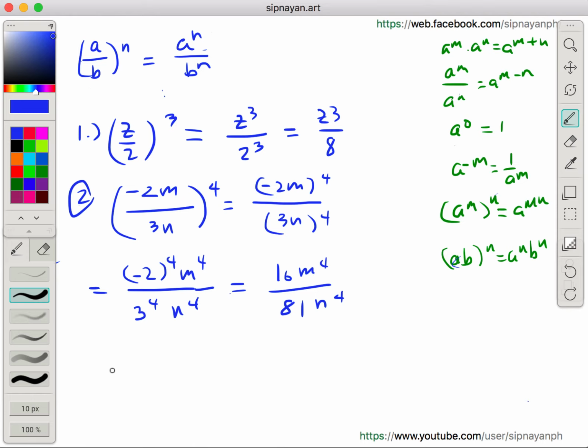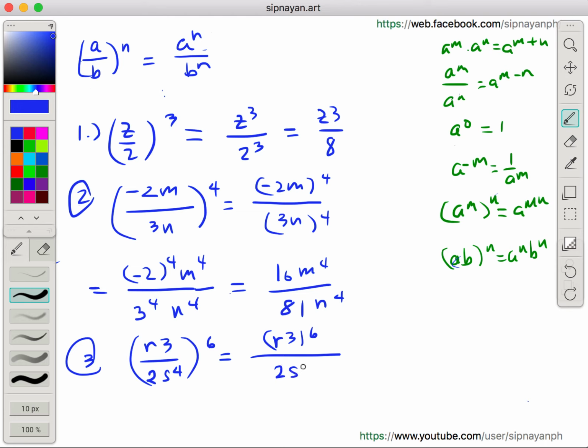Okay. Number 3, we have r cubed over 2s to the fourth raised to the sixth power. So again, we split using this law. So r cubed raised to the sixth power, and then 2s to the fourth raised to the sixth power.